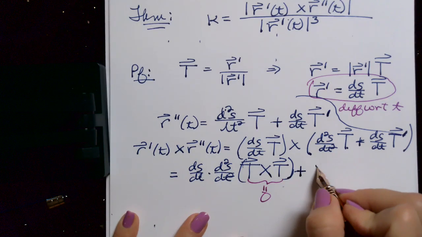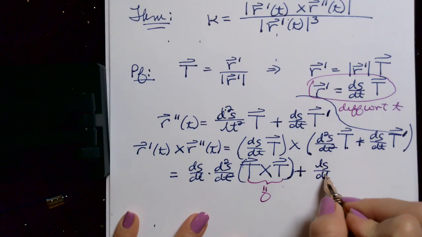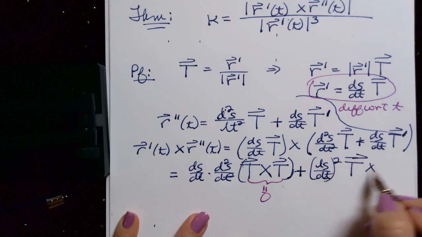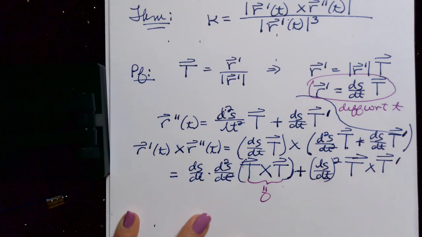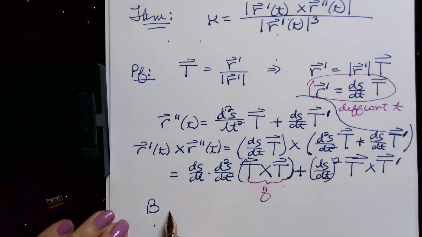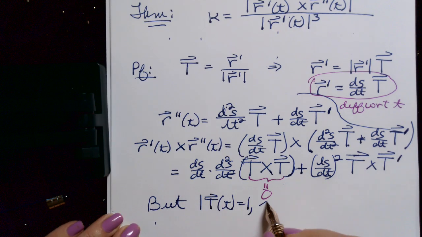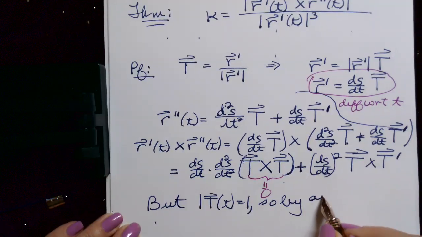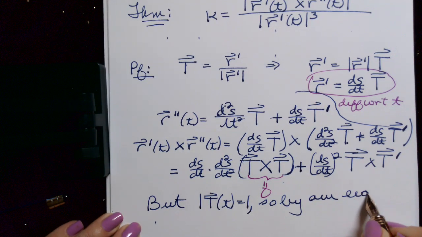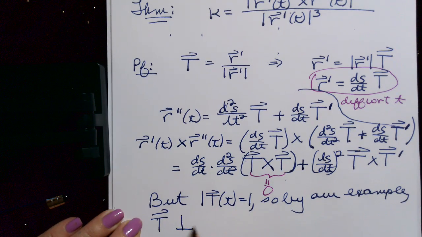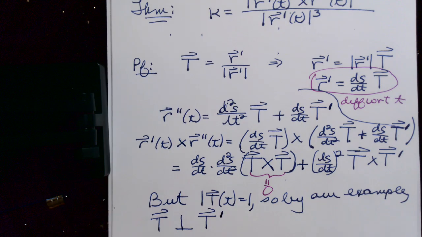Here we will have (ds/dt) squared times T cross T prime. But we know that T is a unit vector. By our previous example that I did in an earlier video, T is orthogonal to T prime.